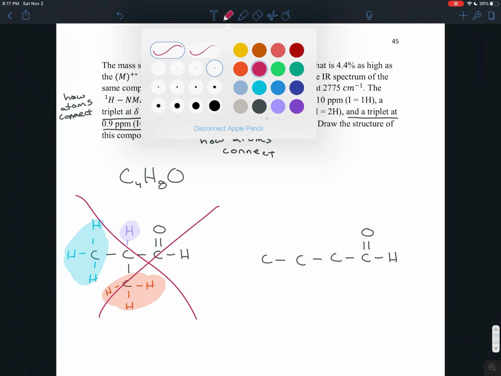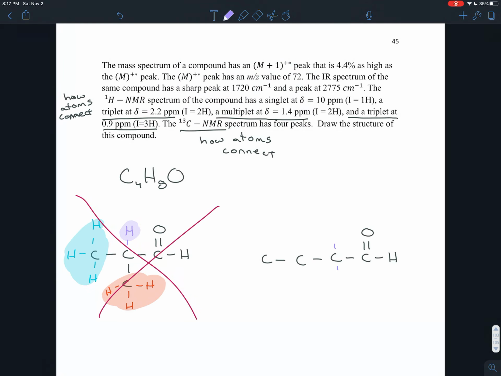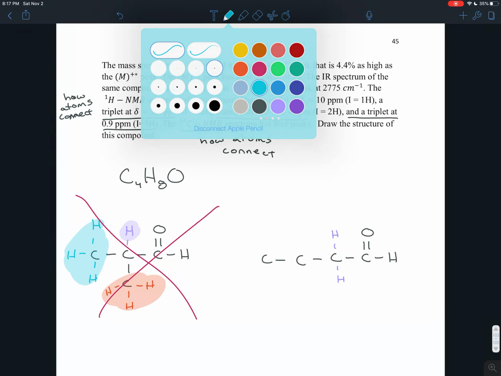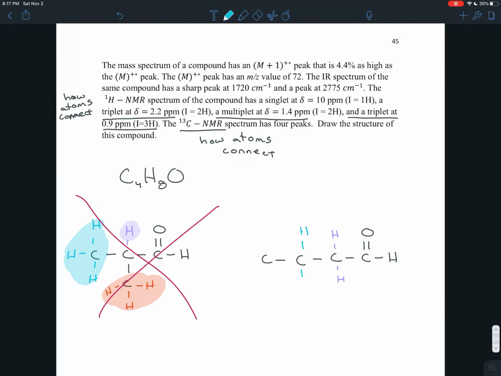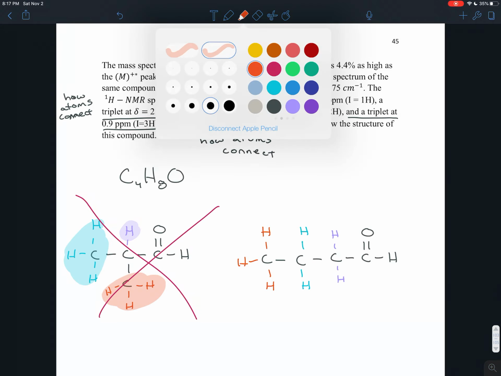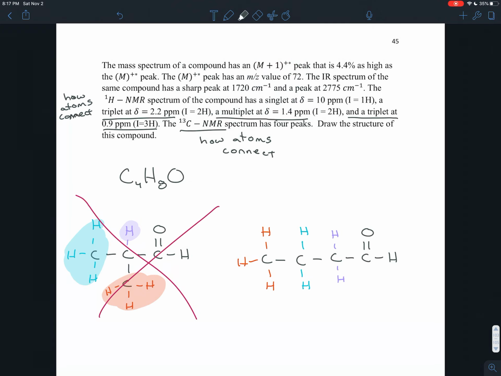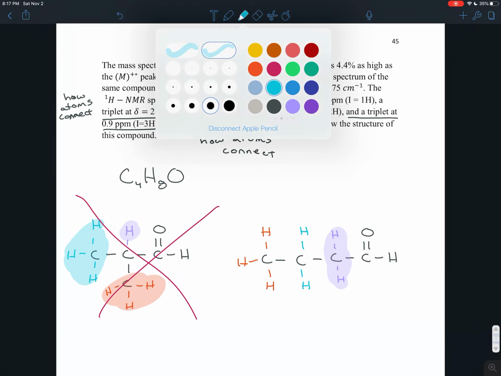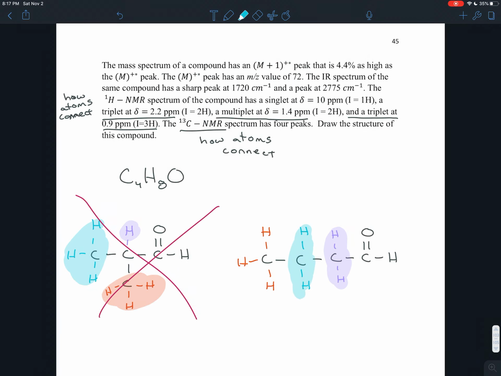Let's see if this other one passes that same test. Here we'd have 2 hydrogens. Next we'd have 2 hydrogens. And last, we'd have 3 hydrogens. Now in this case, we'd have an integration of 2, 2, and 3.